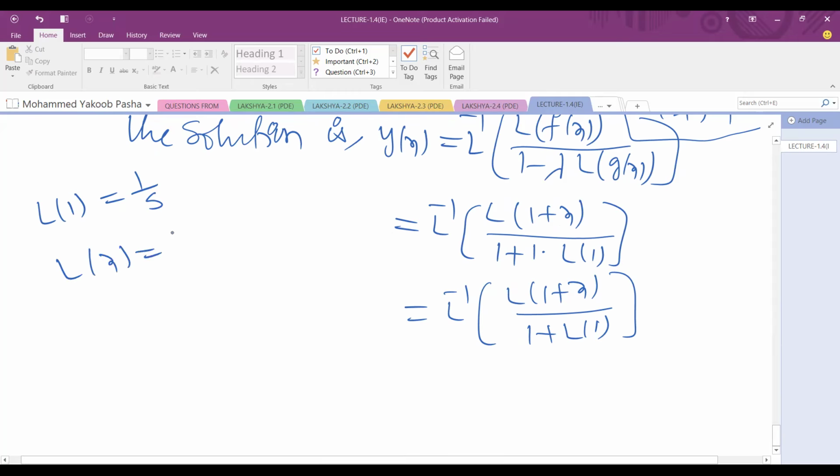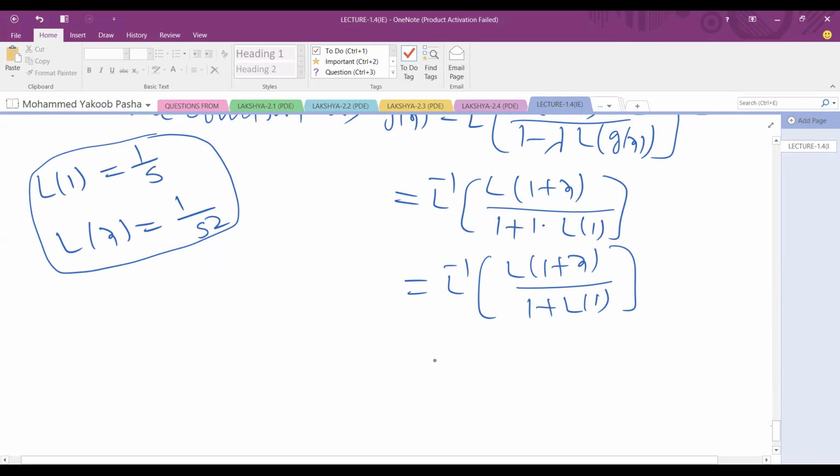When t to the power n, the transform is n factorial by s to the power n plus 1, so here we get 1 factorial by s square. Okay, just look at the formula, I don't want to confuse you. So L inverse of L of 1 is 1 by s, L of x is 1 by s square, divided by 1 plus 1 by s.